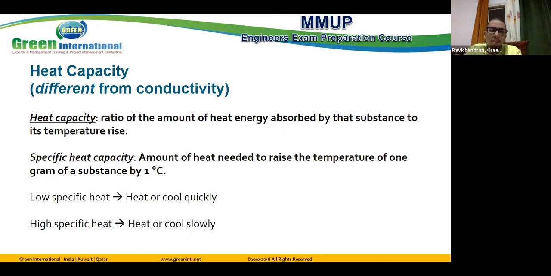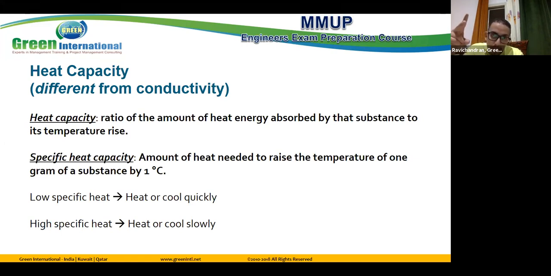We can just study heat capacity, which means the ratio of the amount of heat energy absorbed by this substance to the temperature rise. So again, the property is specific heat capacity, not heat capacity.